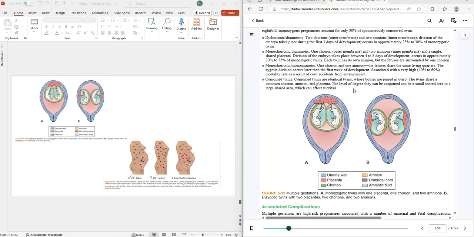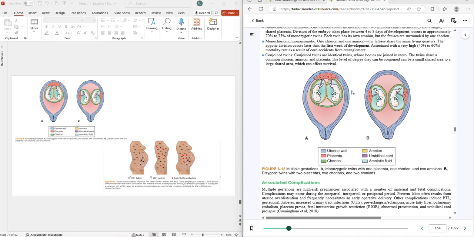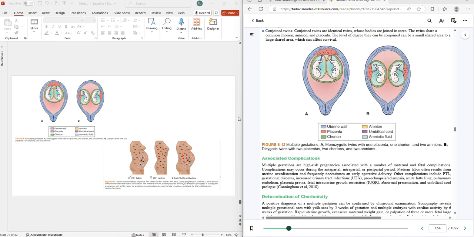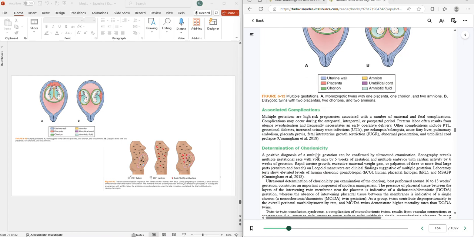Conjoined twins is where their bodies are joined in utero. They share everything, obviously, and you've seen cases of that, I'm sure, on the news and all that. Over here are the same pictures, and this is the RH factor. So let's talk about this.